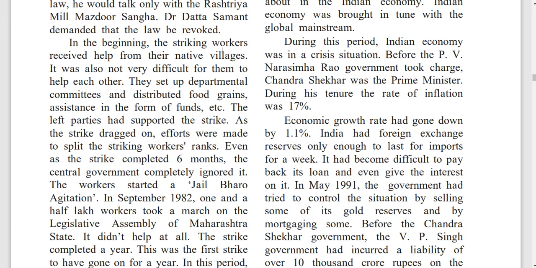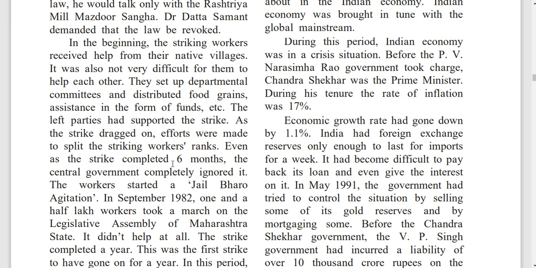In the beginning, the striking workers received help from their native villages. It was also not very difficult for them to help each other. They set up departmental committees and distributed food grains, assistance in the form of funds, etc. The left parties had supported the strike. As the strike dragged on, efforts were made to split the striking workers' ranks.